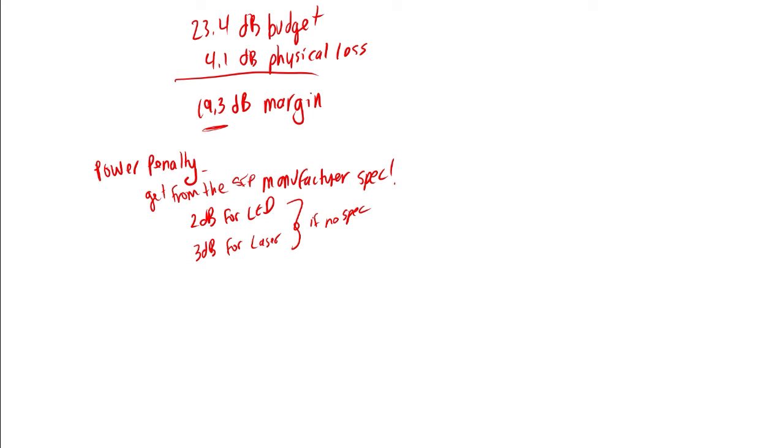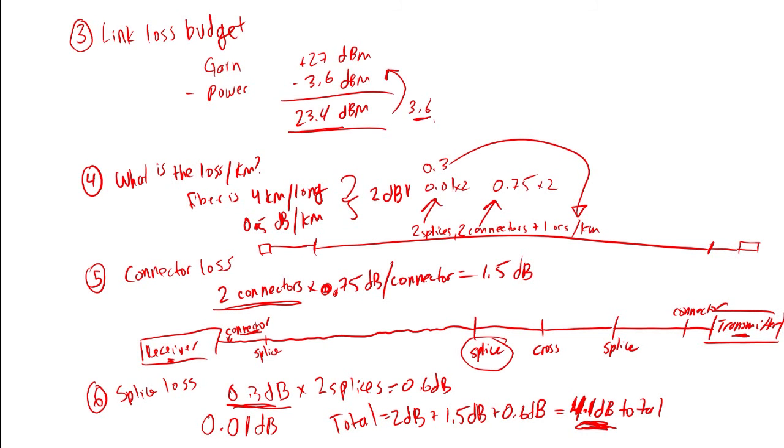The reason we have a power penalty is because there's always variations in the quality of the transmitter. Transmitters wear out after some time, the receivers wear out after some time. So we also are thinking about whether we cut the cable at some point. We may need to splice it. I said 2 splices.